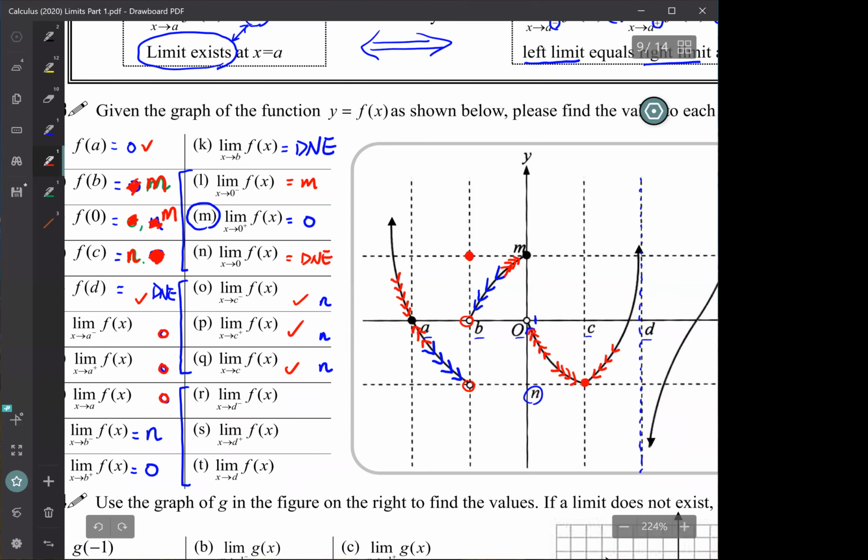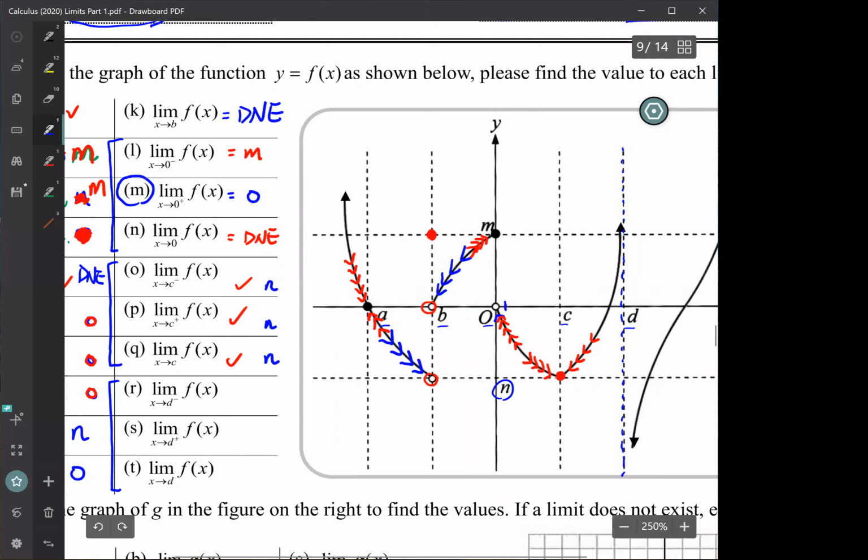Approaching D. Okay, Kelly, what's your R, S, T? My R, S, I just have D and E for all three of them. Well, this one you could have more detail to it. You think about approaching D from the left side, it will be going upwards, right?